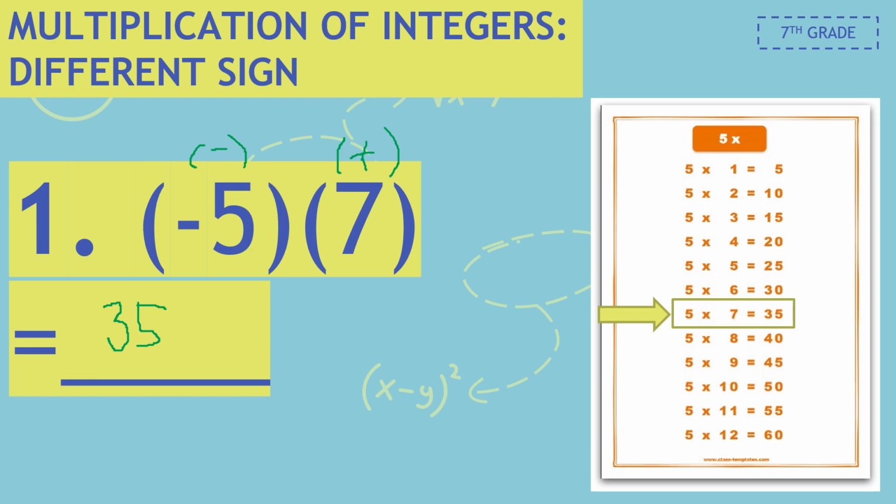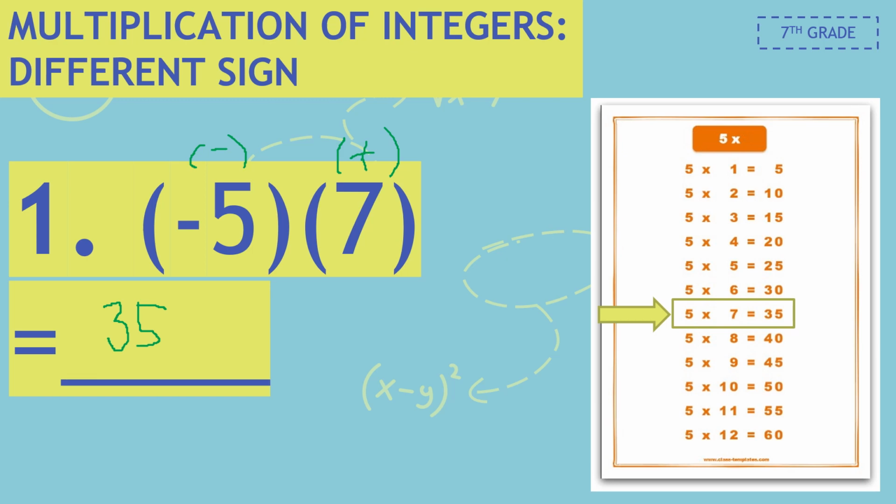But the question is, what should be the sign of the product? Because again, our given is different sign. What do you think will be the sign of the product?